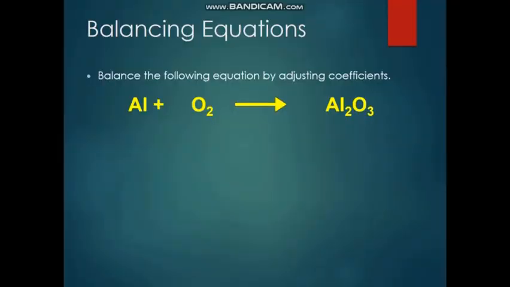Let's have another example. We have here aluminum combined with oxygen molecule to produce aluminum oxide. Let's use a matrix. We have the reactant and the product.